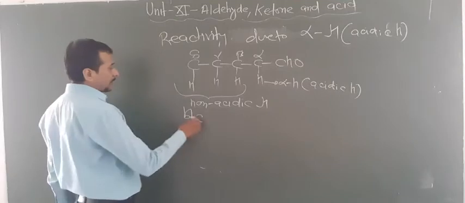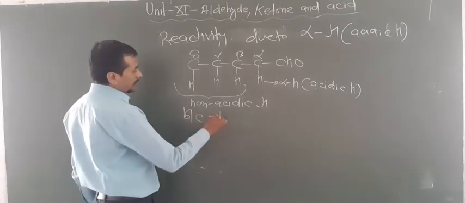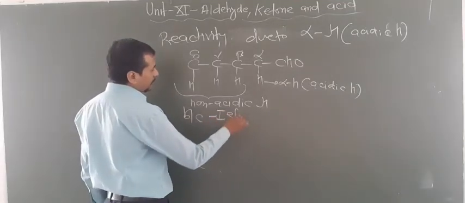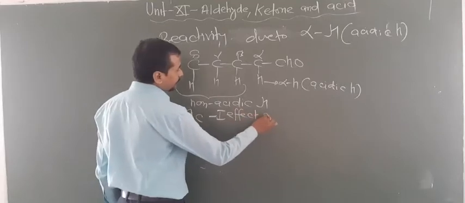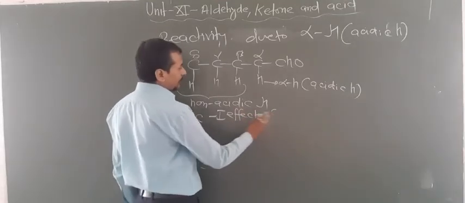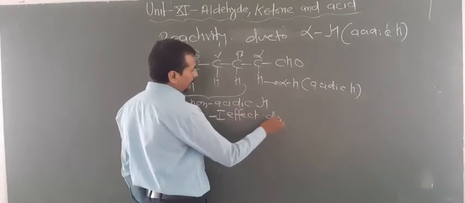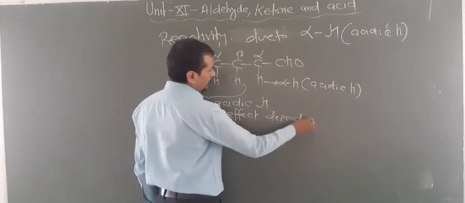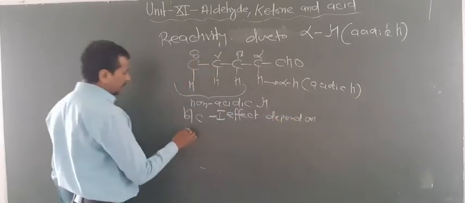So now what happens here? First, the minus I effect of CHO basically depends on distance.